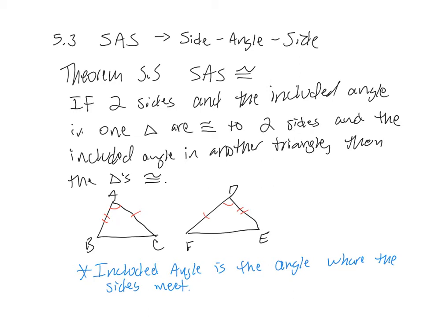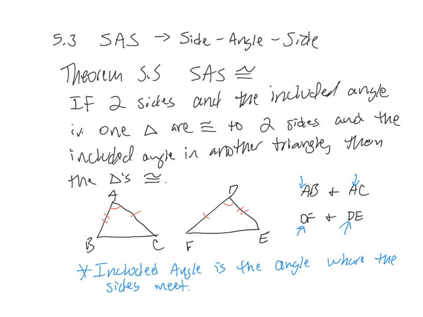On the first one, we're told that AB is labeled, and so is AC. On the second one, DF is labeled and DE is labeled. And if you notice, there's an A, there's an A, there's a D, there's a D. The letter that they share will be the included angle.